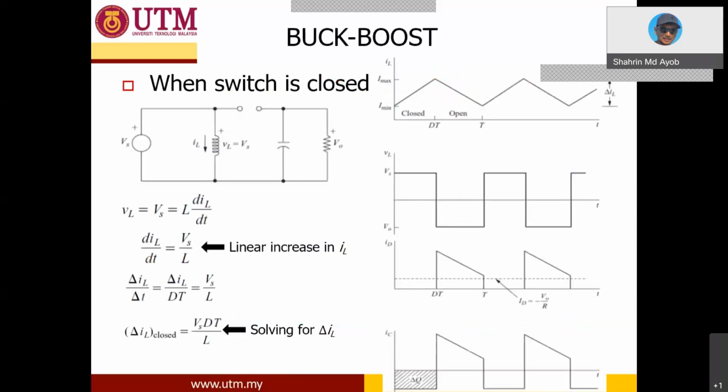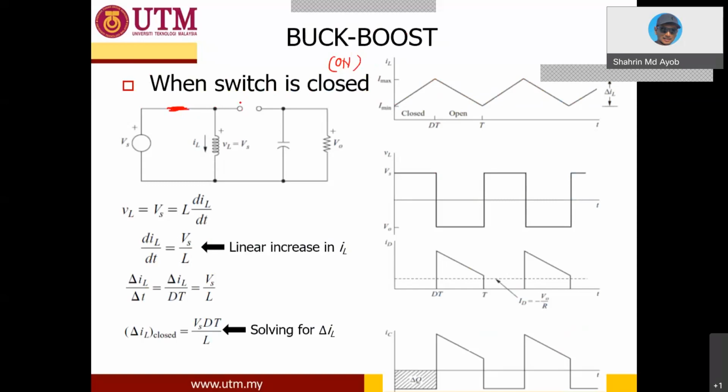We first go for the analysis of when the switch is on, or the switch is closed. So what happens when the switch is at this position?